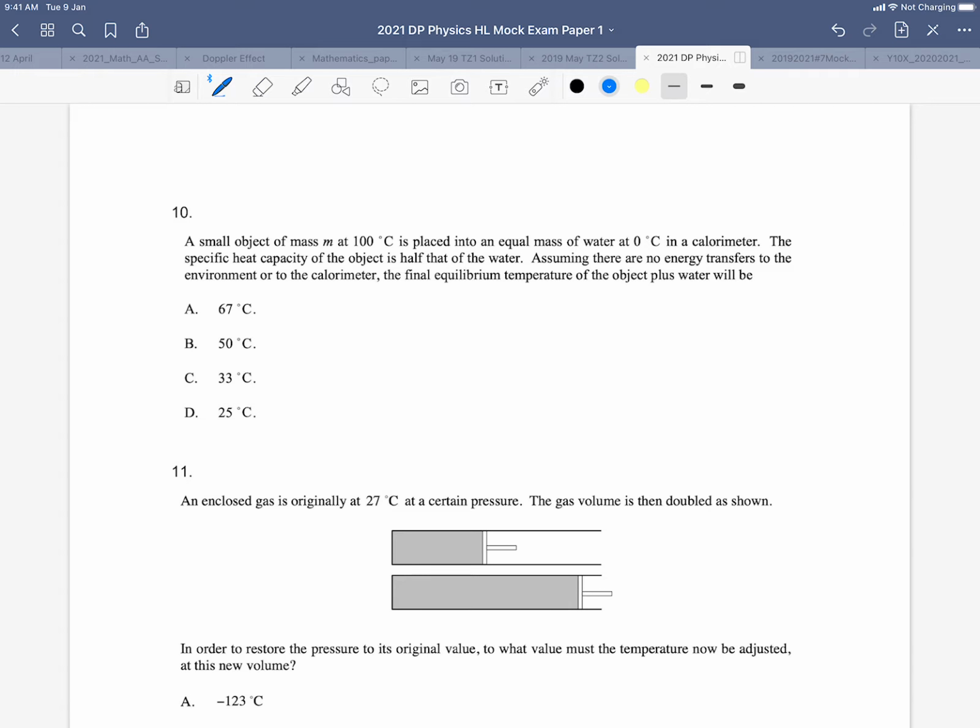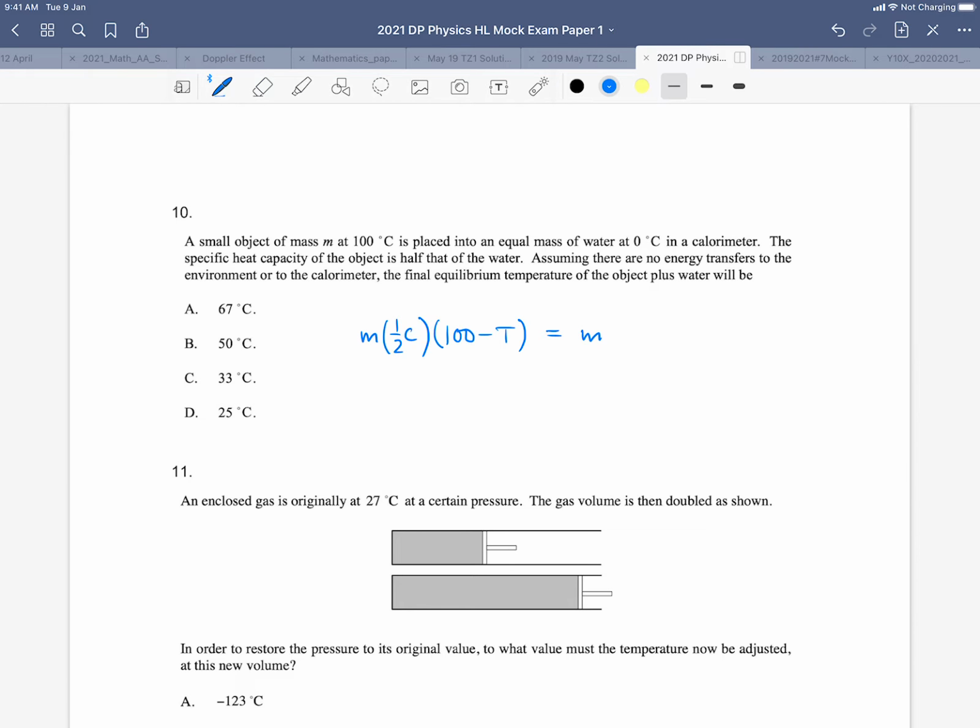Now, the hot object is going to be losing energy, and it has a mass of m. The specific heat capacity of it is half that of water, so let C be for water. And then the temperature change: it starts hot, and then it reaches T at the end. That's the final temperature. So it's losing all that energy, but all that energy is being gained by the water.